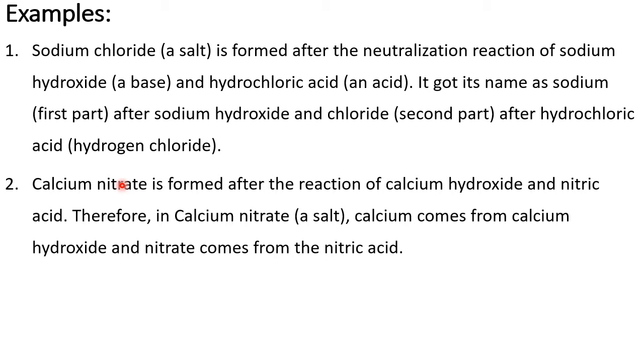So first we should know the names of some common laboratory bases and laboratory acids. Once you know these names, then we can name the salt by combining the acid and the base. So calcium nitrate has formed from the base calcium hydroxide and the acid nitric acid.